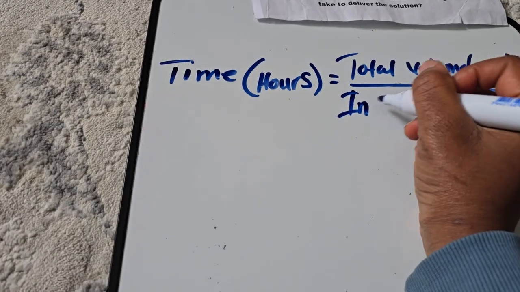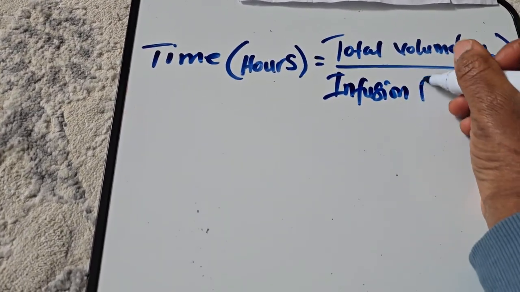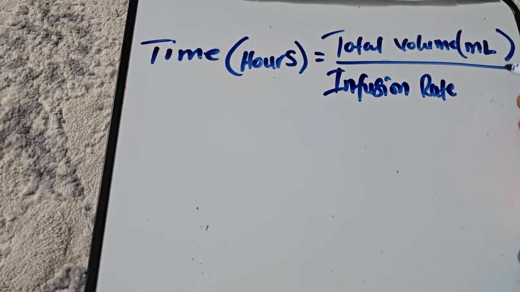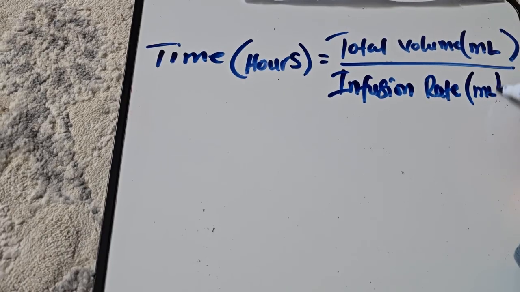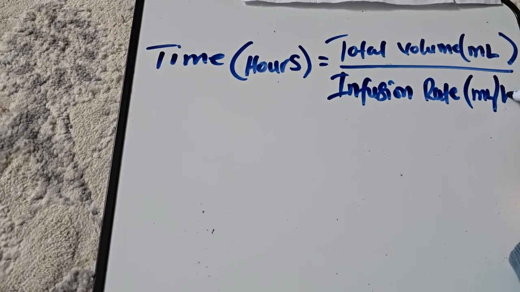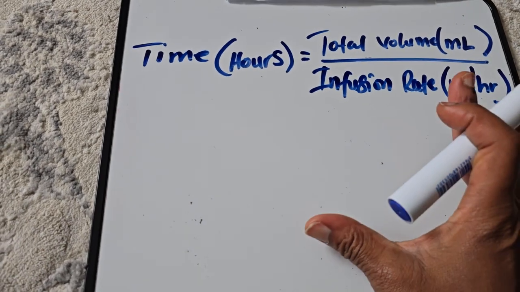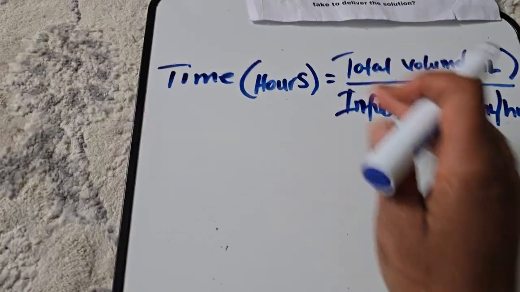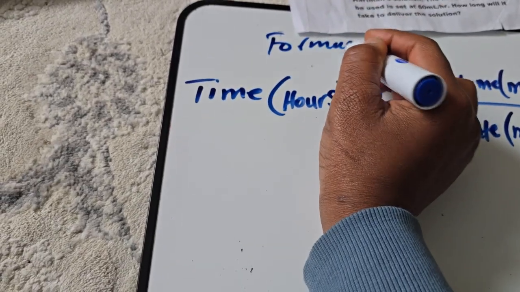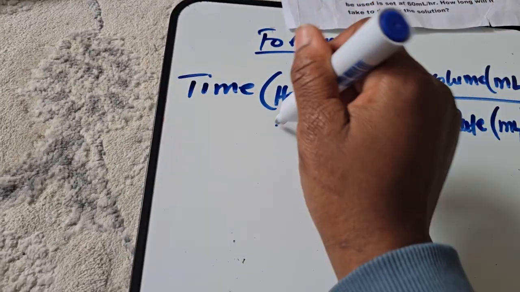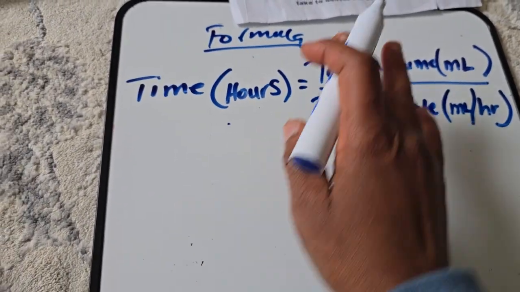So infusion rate is going to be our ml per hour. Yeah, so we've set our formula there. So this is our formula, and this is it. So keep this formula in your head for always.